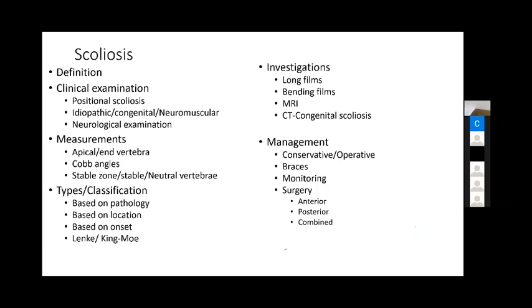The wake-up test is described in textbooks, but not many people do it now because the technique of monitoring has improved so much. So very rarely you do that. And the anesthetists don't like it because you have to put the patient to sleep, then wake him up, and then put him back to sleep.